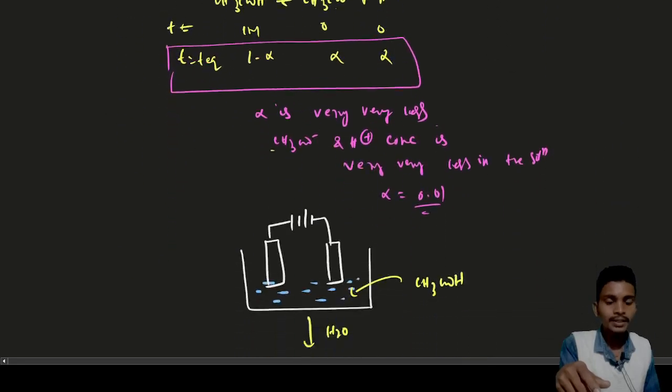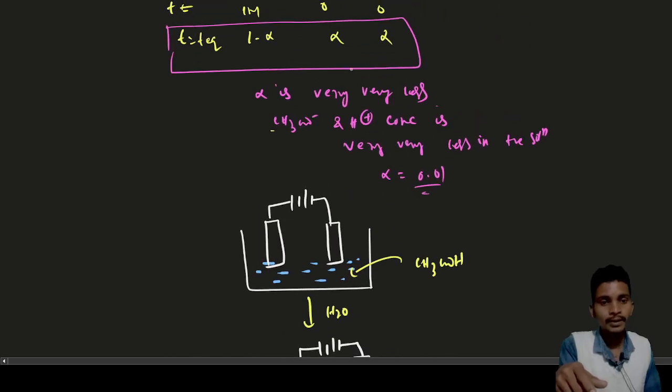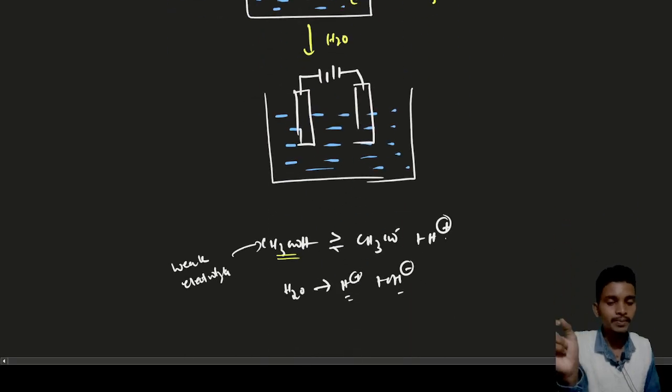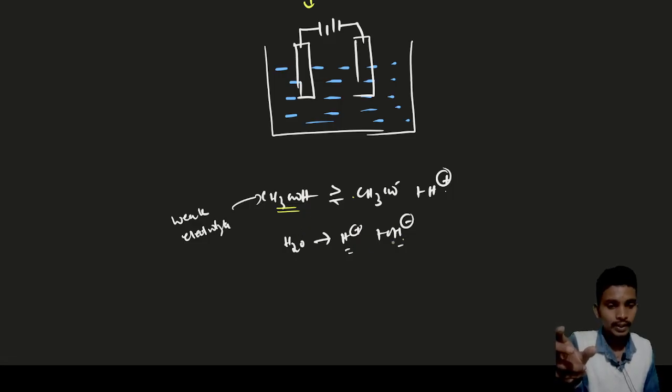But for this weak electrolyte, since it is very weak, it gives a very small amount of CH3COO minus and H plus, that is 0.01. Compared to 1, 0.01 is a very small value. Compared to this, water is a good electrolyte, so it will give H plus and OH minus.